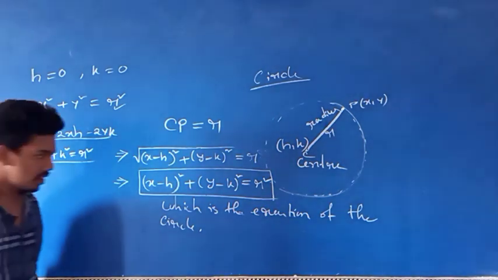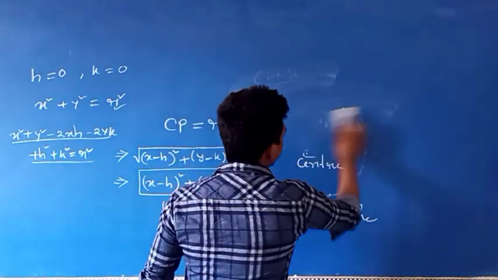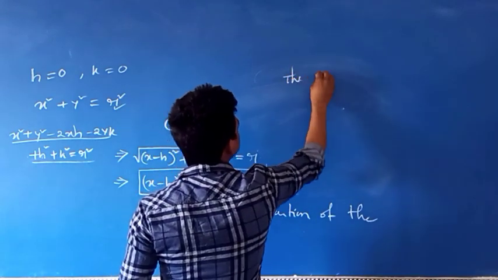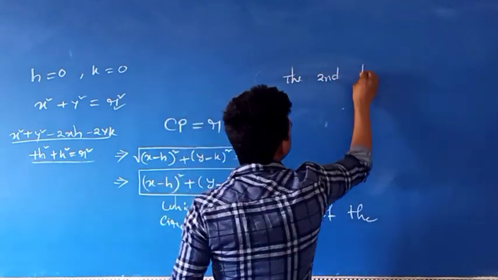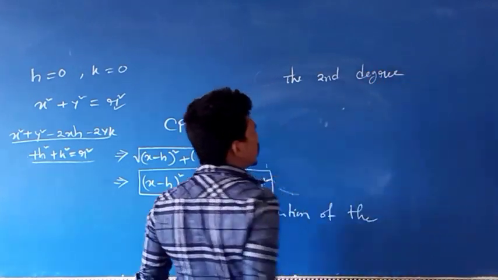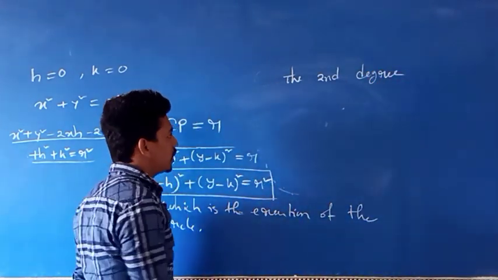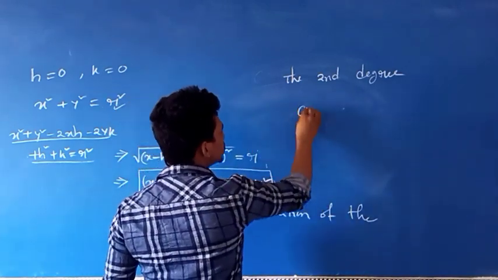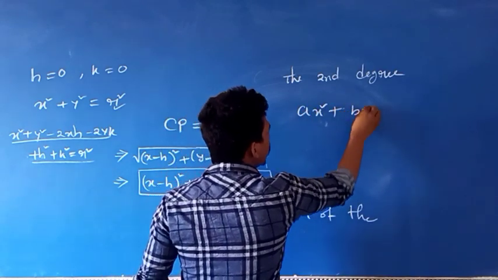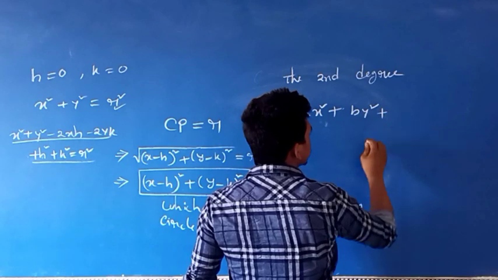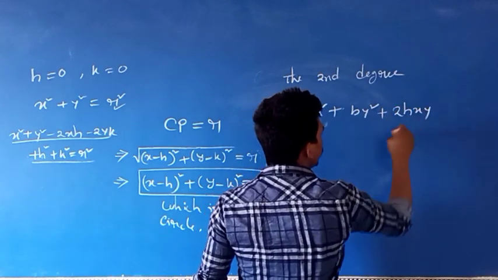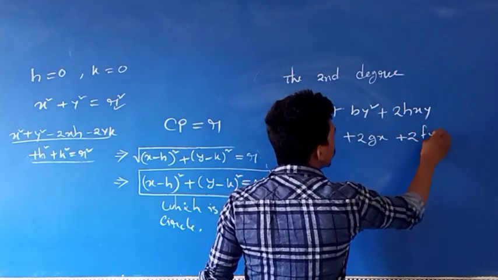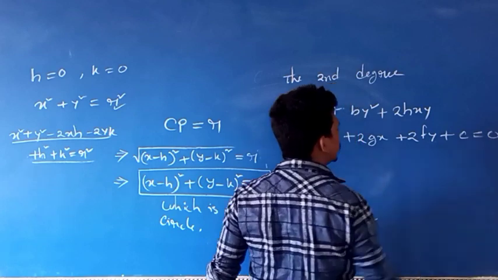Now the second degree equation. The general second degree equation in two variables x and y is of the form ax square plus by square plus 2hxy plus 2gx plus 2fy plus c is equal to 0.